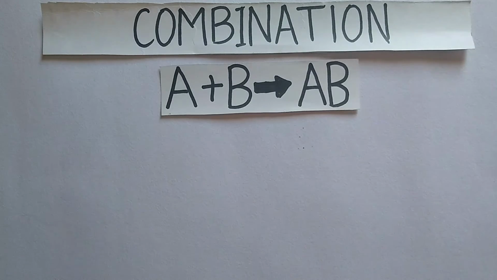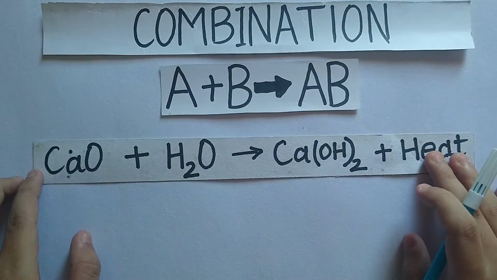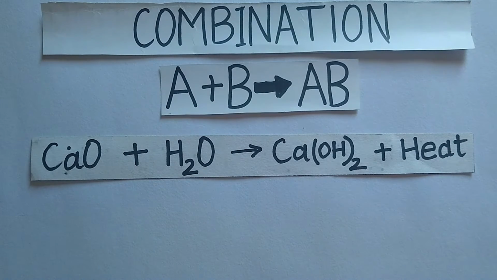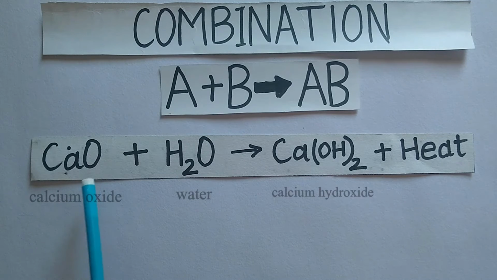So we will take this first chemical equation. What exactly is happening here? CaO, which is calcium oxide, which is also known as quicklime. Remember to note all of this down. The name of this compound is calcium oxide and another name given to it is quicklime. Alright?